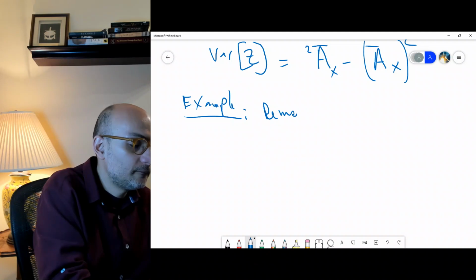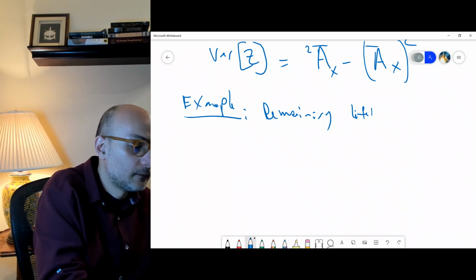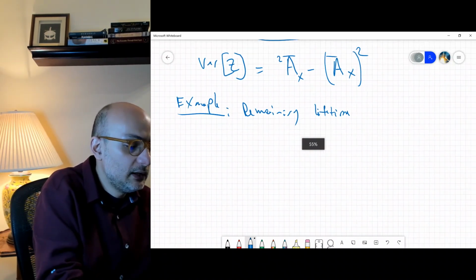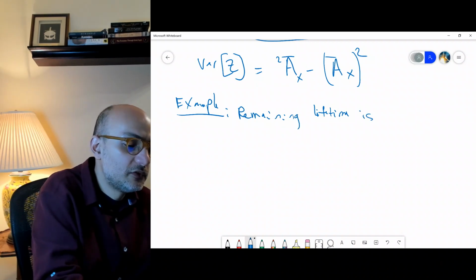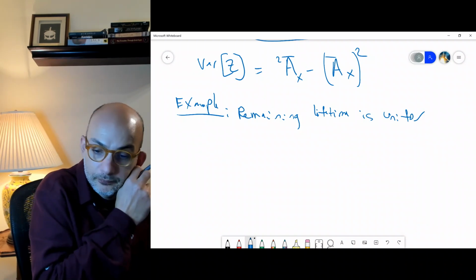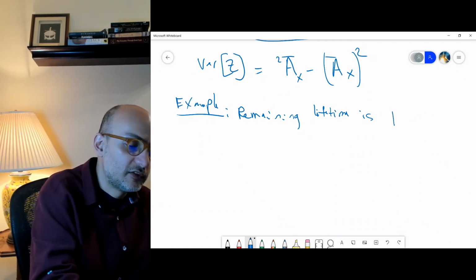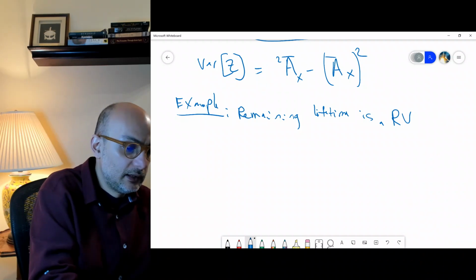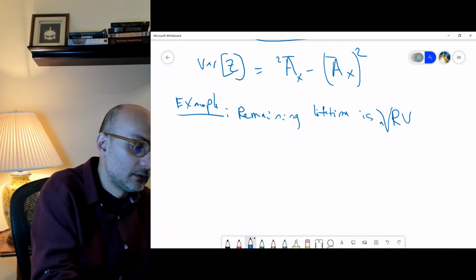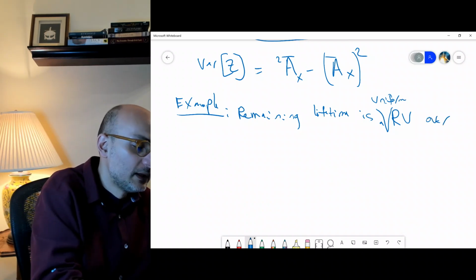So let's say the remaining lifetime, my handwriting is getting worse, the remaining lifetime is a random variable, a uniform random variable, and let's take the general form.